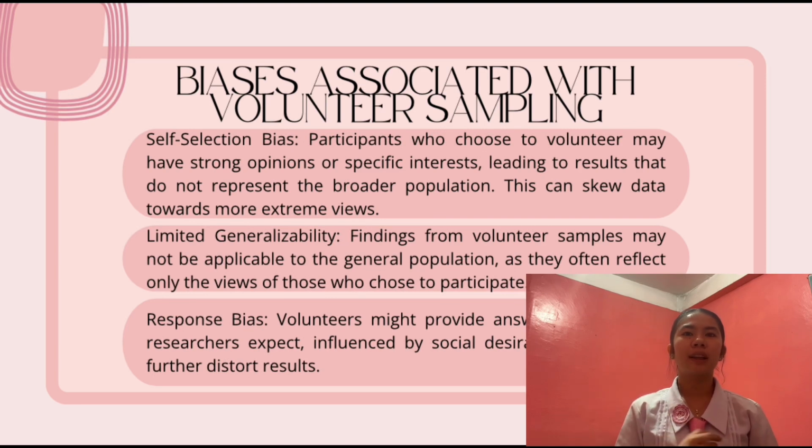Number two, limited generalizability. Findings from volunteer samples may not be applicable to the general population, as they reflect only the views of those who choose to participate. Number three, response bias. Volunteers might provide answers that they believe researchers expect due to social desirability, further distorting results.